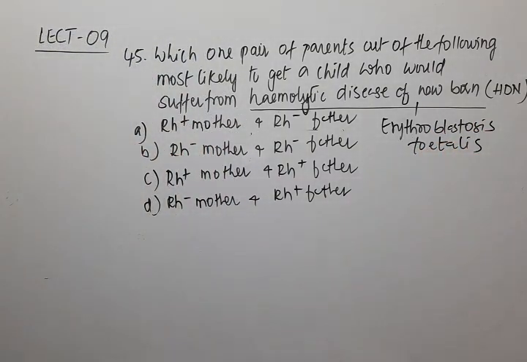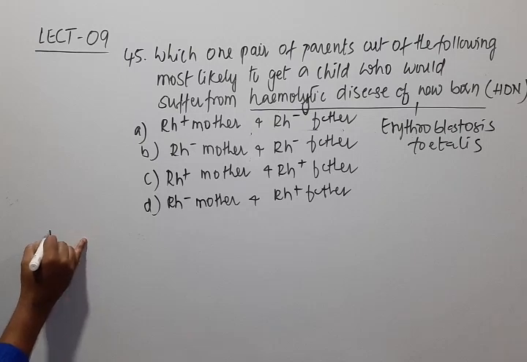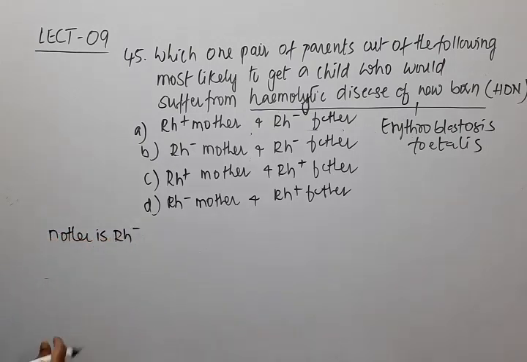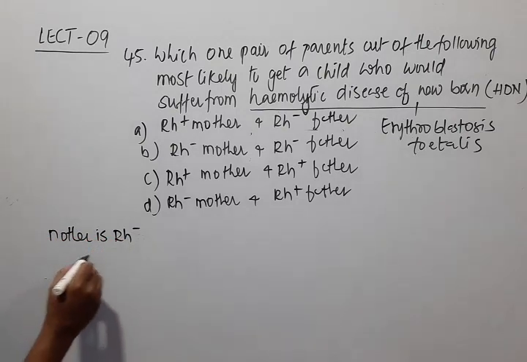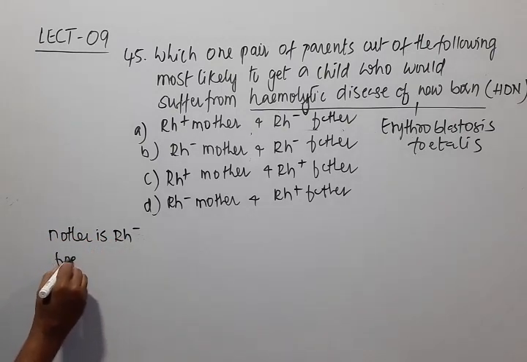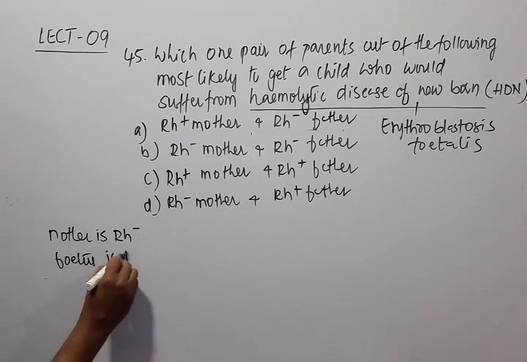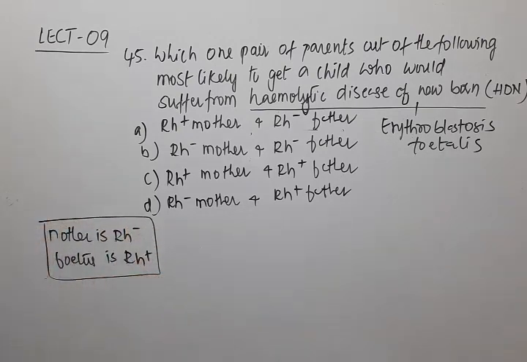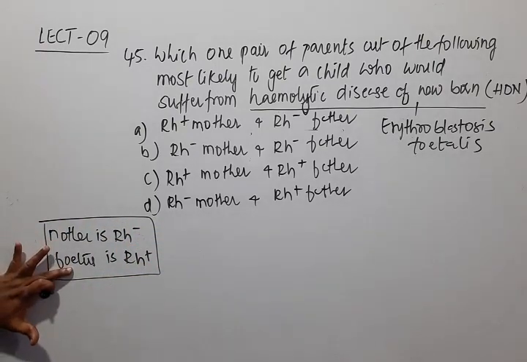Now this erythroblastosis fetalis is caused when the mother is Rh negative and the fetus is Rh positive. So the mother should be Rh negative and the fetus should be Rh positive.